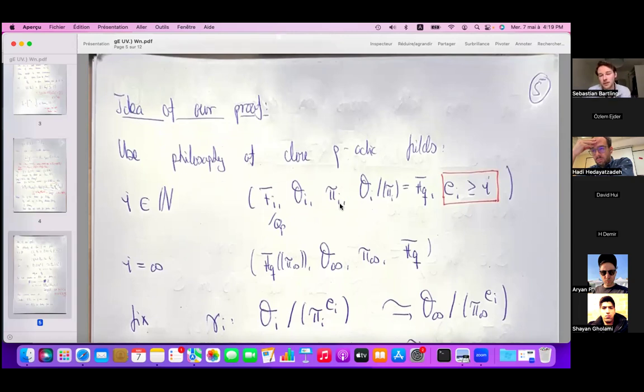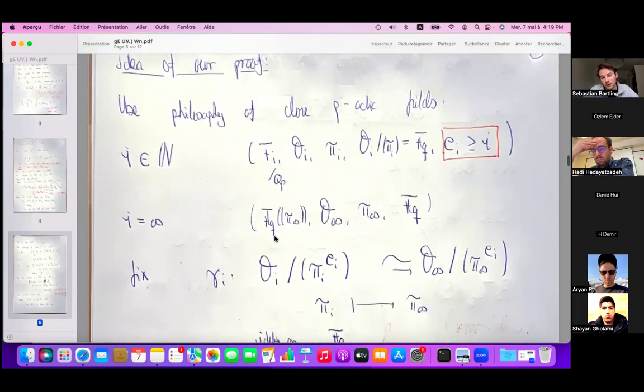And I always want the residue field to be identified with F_q. So I have this family of p-adic fields. They all have the same residue field, but what is critical is that I want the ramification index e_i of F_i to be greater or equal than i. So as i goes to infinity, the ramification should also go to infinity.